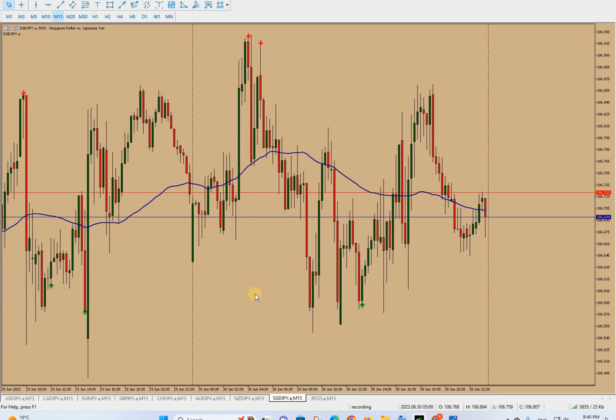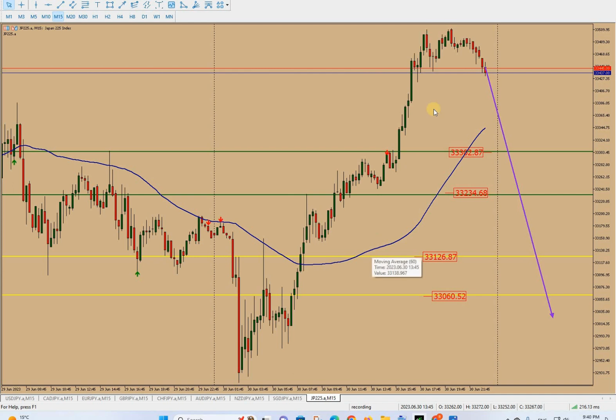The software did not give me any hidden support and resistance in the past. And as I mentioned in the beginning, the index is going down. So these are the forecasts for Euro Japan, Pound Japan, CHF Japan, Australia Japan, New Zealand Japan. For Singapore, USD and Canada Japan, we have nothing. So we have a forecast of five of them heading down.